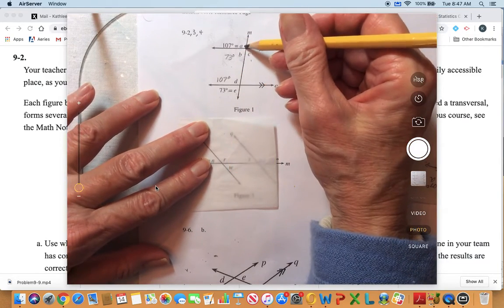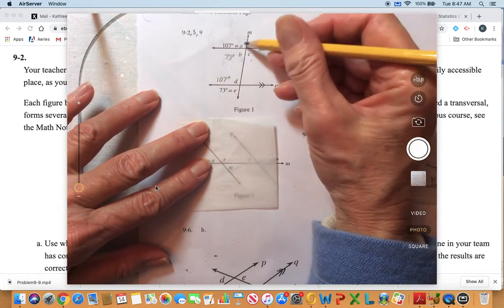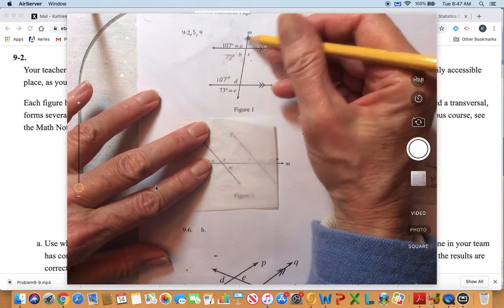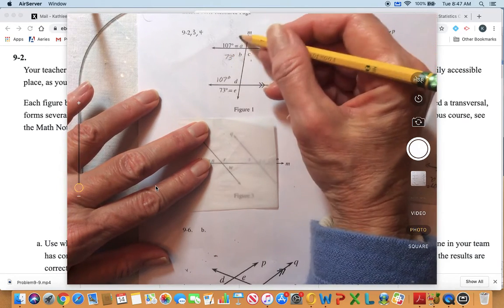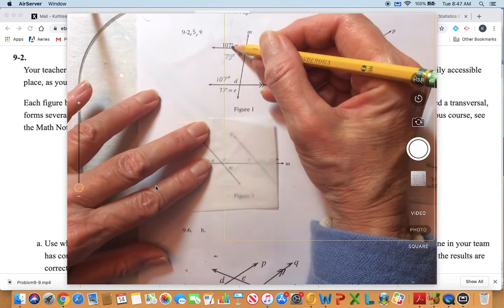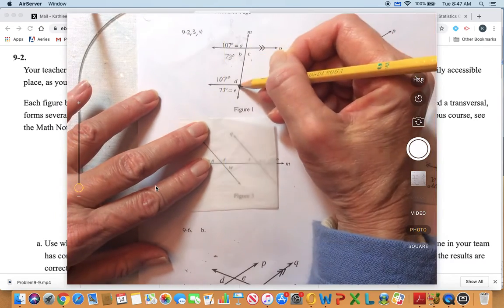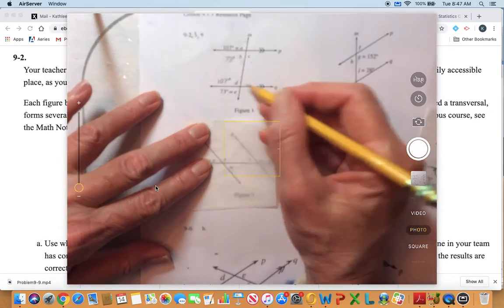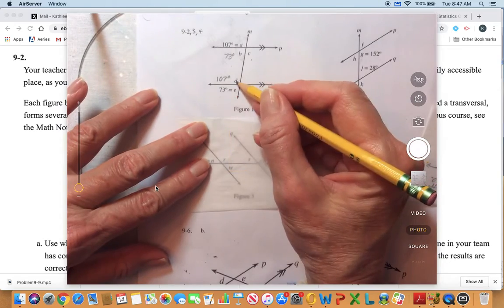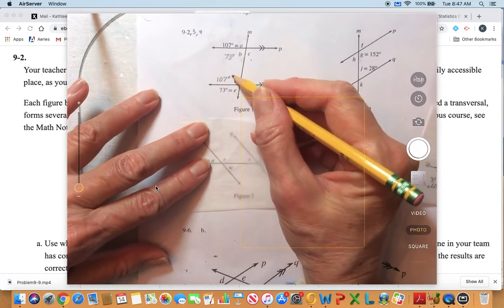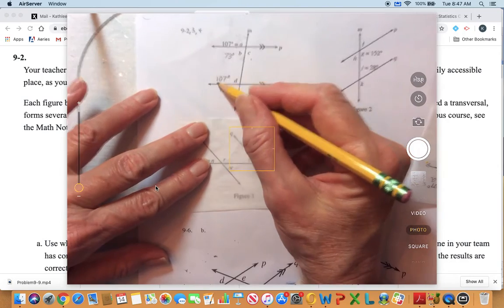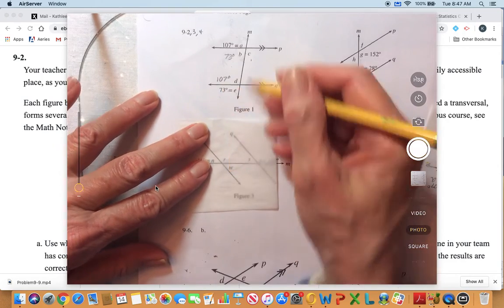notice the measurements. So on the first parallel line cut by this transversal, A, the angle on top, is 107 degrees. If we look down to the second parallel line cut by this transversal, we see D, the angle that's sitting on top of the parallel line, is also 107 degrees.